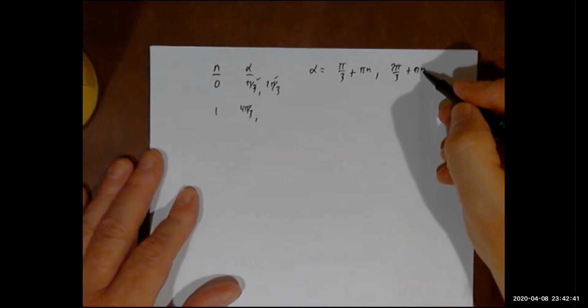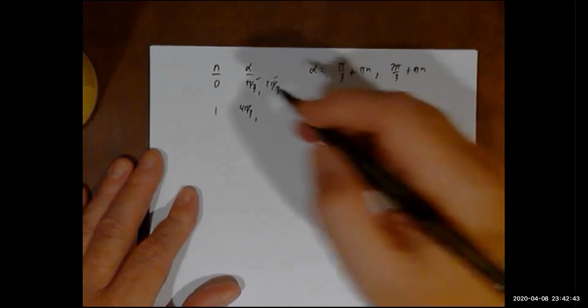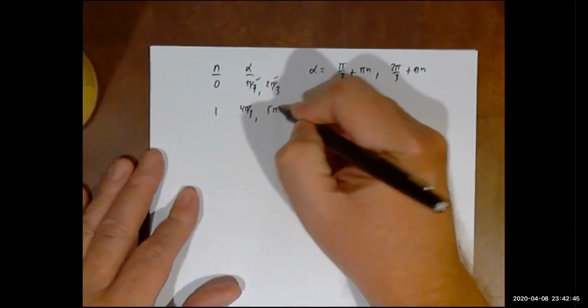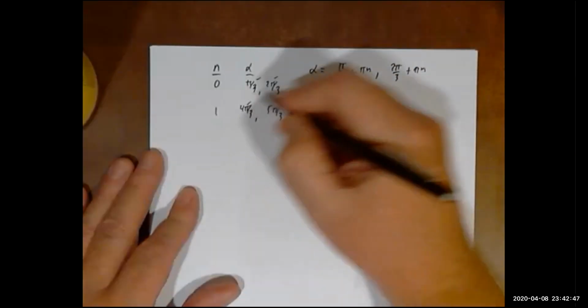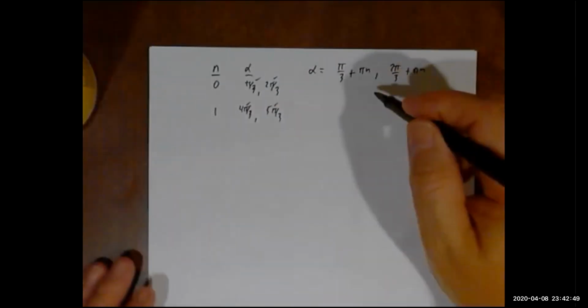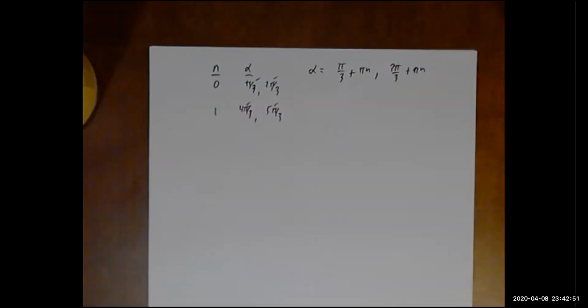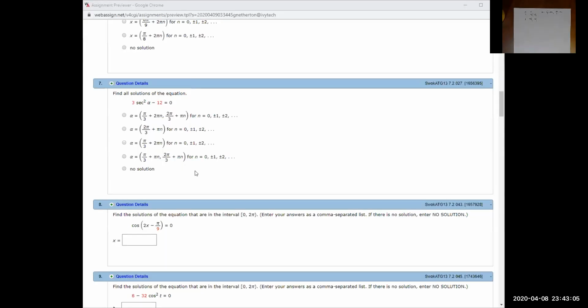And then 2 pi over 3 plus pi is 5 pi over 3. So there's my 4 solutions. So this is the one I believe to be correct. That was a little painful and messy, but unfortunately, we didn't have a choice because of the way they wrote the answer. So I believe the answer is going to be this last one here.